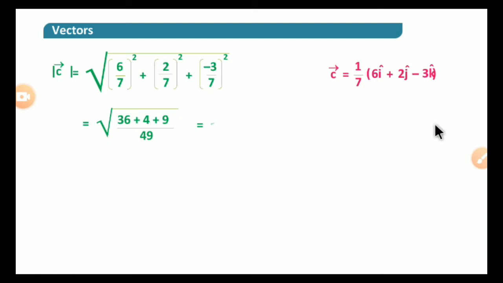Therefore, it is equal to the square root of 49 by 49. So it becomes 1 after cancellation, and the square root of 1 is equal to 1.